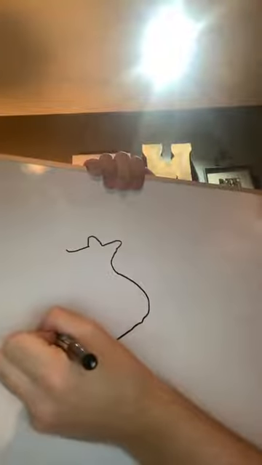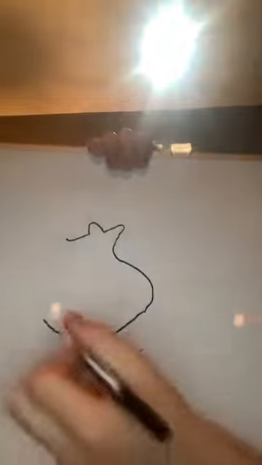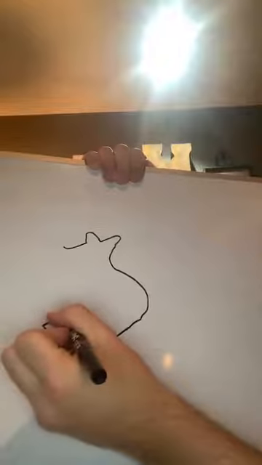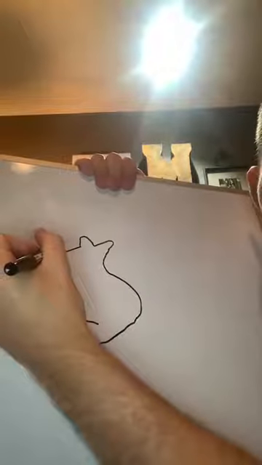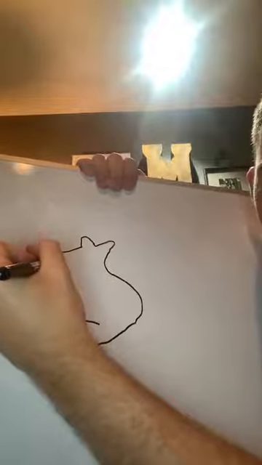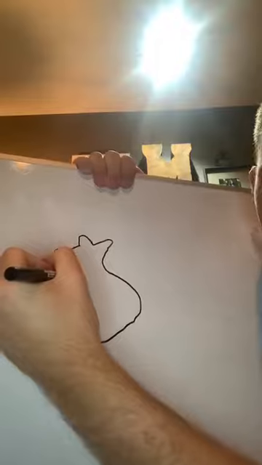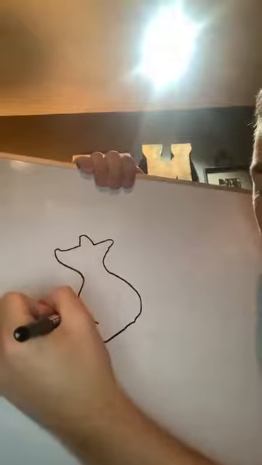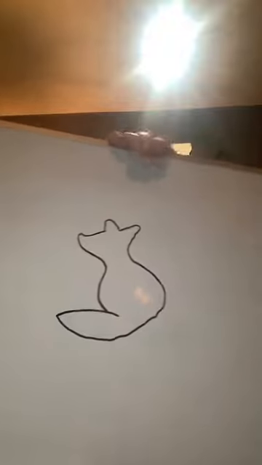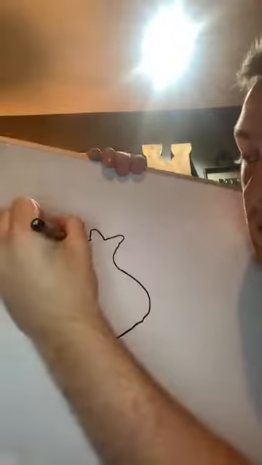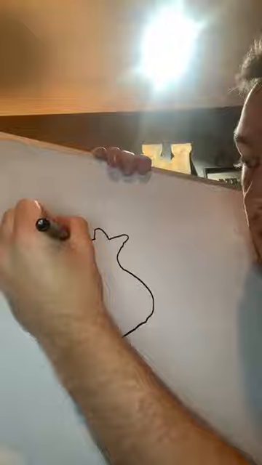Then bring it back here to the front. Bring the tail back like that. So it's really just a bunch of smooth lines. So now you kind of have that. And you're going to want to draw the nose there.